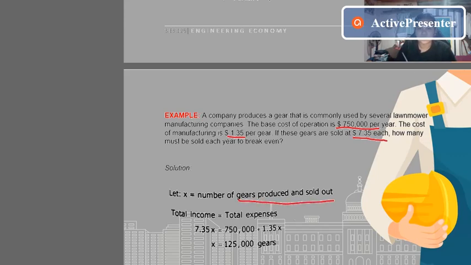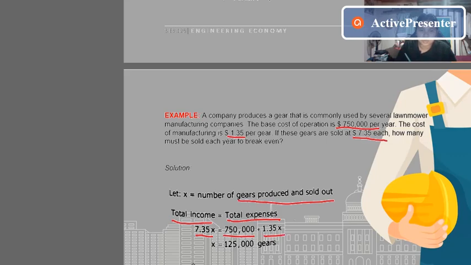In break-even analysis, our total income is equal to total expenses. So according to our problem, if these gears are sold, our 7.35 multiplied by X, the number of gears, is equal to the base cost of operation, 750,000, plus 1.35, the cost of manufacturing per gear, multiplied by X, the number of gears.